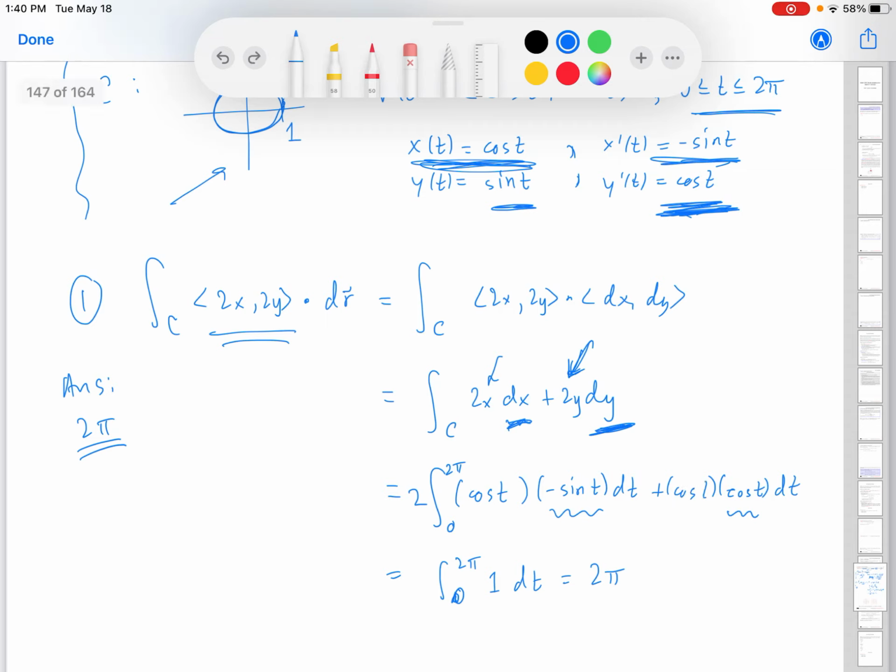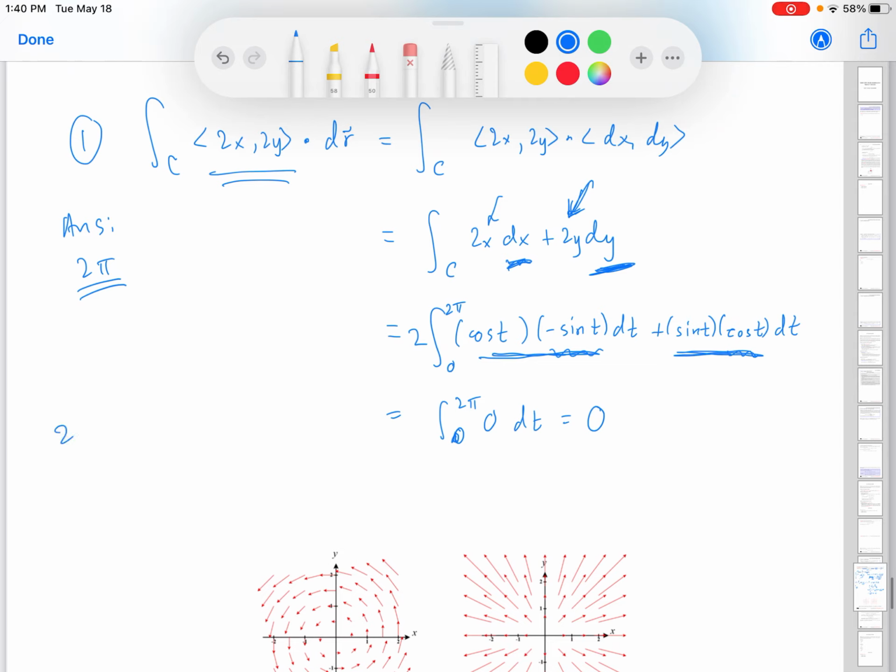Oh, sorry, that was y prime. And then now we recalculate. So notice that this is negative cosine times sine, and this is plus cosine times sine. So I get 0. And therefore, my integral is 0. So the answer for number 2, answer is 0.